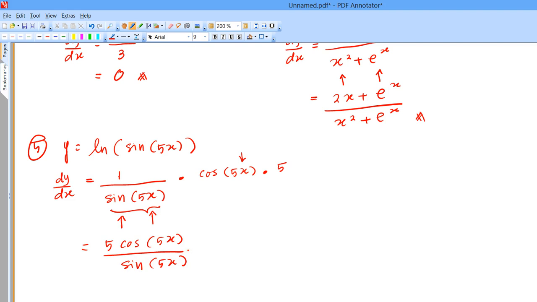Actually, you can simplify this solution. You can write this as the final answer, or it can be equal to 5 times, okay, cos over sine equal to cotangent 5x.